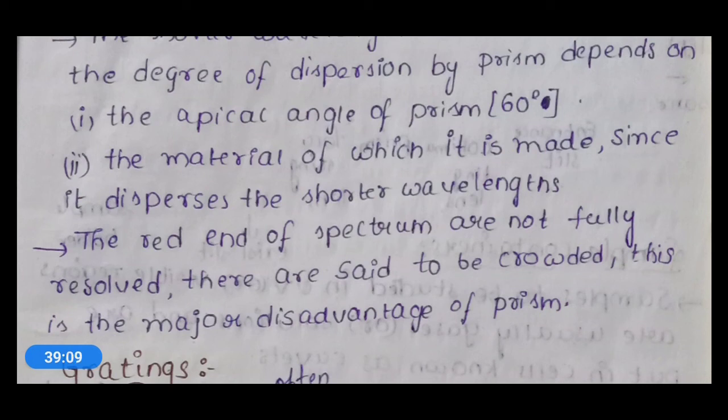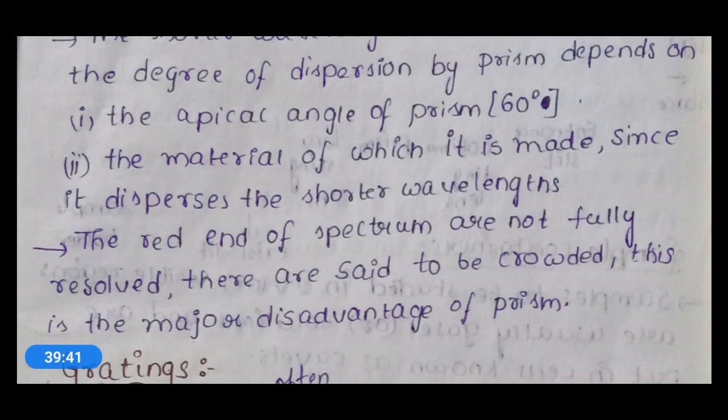So whenever we are using a prism as a wavelength resolving device, the red end of the spectrum is not fully resolved. That means all the wavelengths will be crowded at the end of the spectrum. So this is the major disadvantage of the prism.